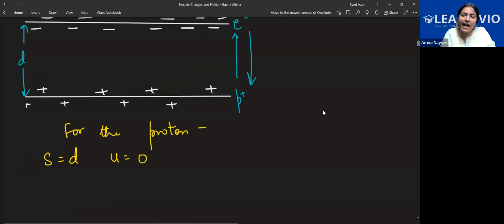Now, for the calculation of acceleration, look, F is equal to charge on proton into electric field. Charge on proton is 1.6 into 10 raised to minus 19, that is the electronic charge only, e.